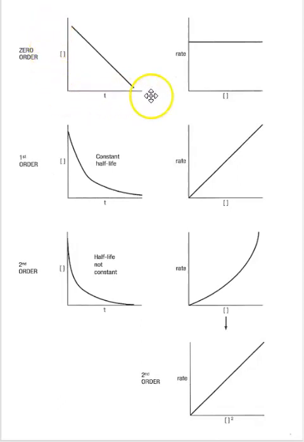And you're plotting that. If you see a graph like that from your plot, a straight line going down diagonally, then the rate equation includes zero order with respect to that particular reactant.